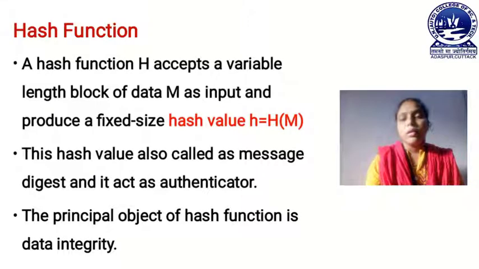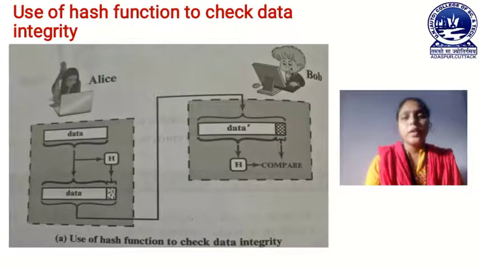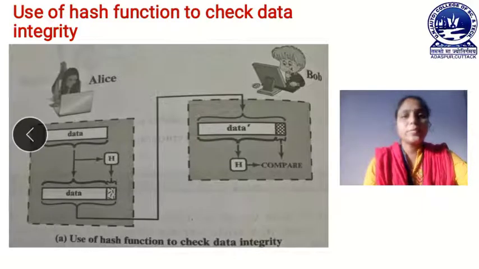Now look at the example. This figure shows the use of hash function to check data integrity. In this figure, this is Alice, the sender, and this is Bob, the receiver. Here Alice sends some data to Bob, that means this is the data or message.